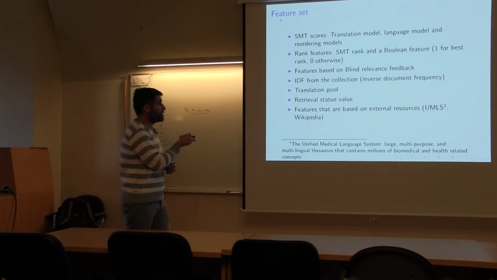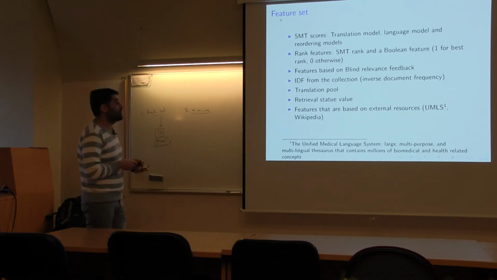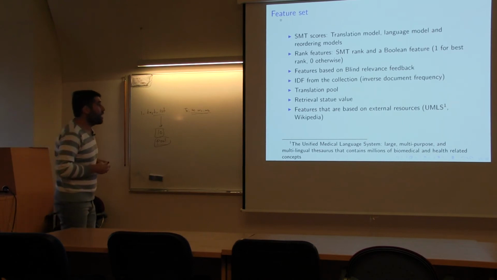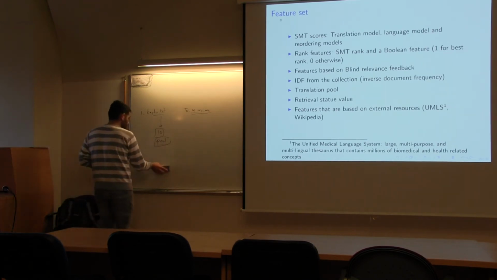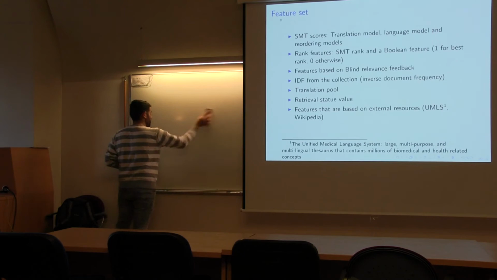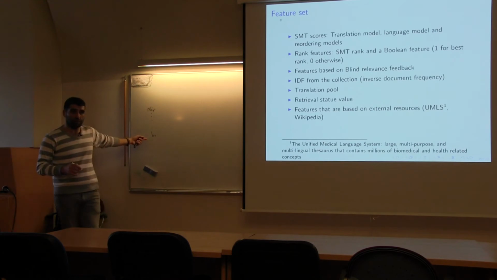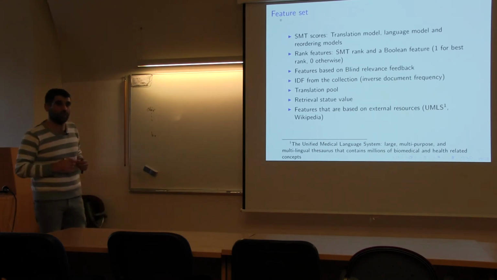We also used the retrieval status value. Actually, it was the most significant and important feature in our set. What does it mean? Here we have a set of hypotheses or alternative translations for each query.